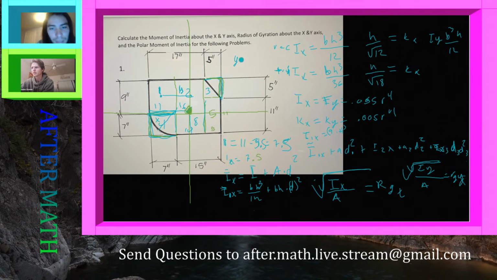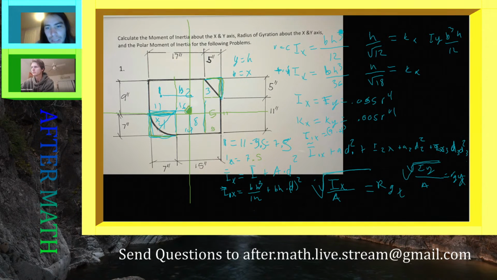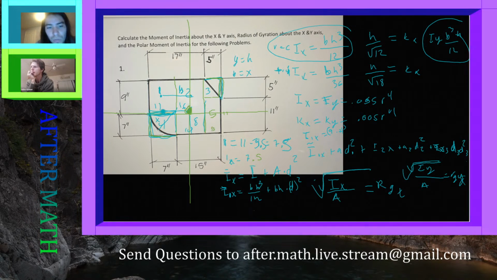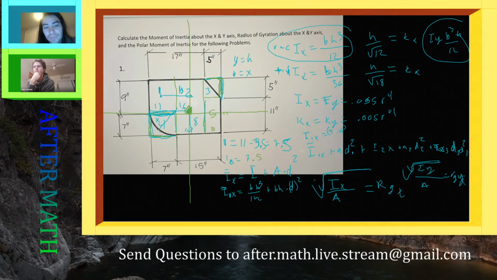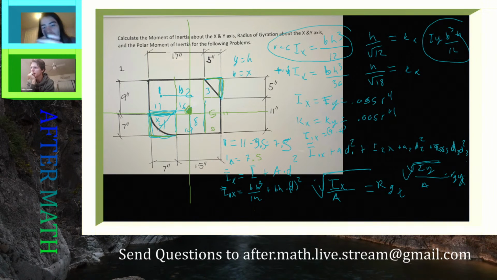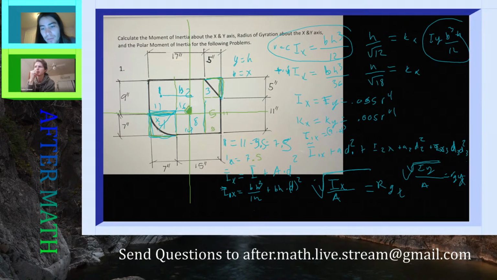So y equals h, and b equals x. So for this one, this is x, and this one is y, okay? So you're going to cube the x number when you're solving for y, and you're going to cube the height, or the y number, when you're solving for x. So you kind of switch those, okay? And same thing for the triangle. Right.